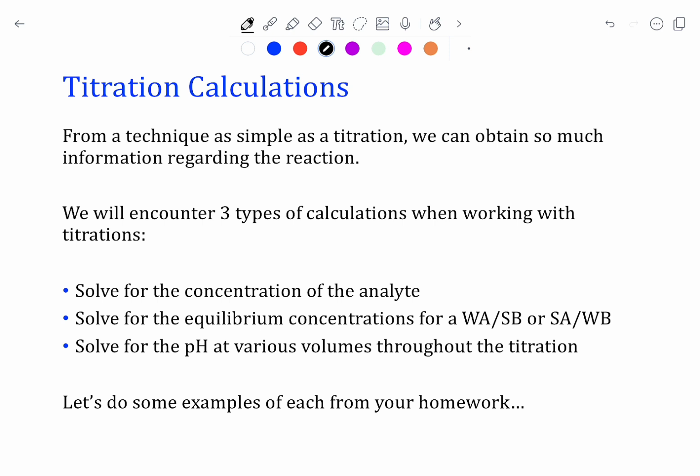The first type is solving for the concentration of the analyte, which we kind of walked through a little bit before. We can then solve for the equilibrium concentrations for a weak acid, strong base, or a strong acid, weak base titration, okay? Because we know that if they're weak, either an acid or a base, it's automatically going to be in equilibrium. And then we can solve for the pH at various volumes throughout the titration.